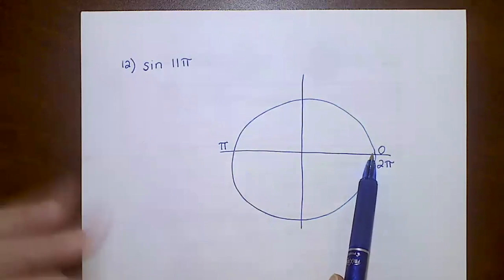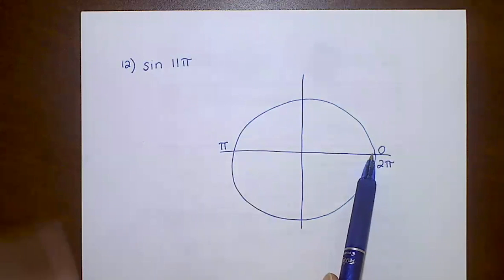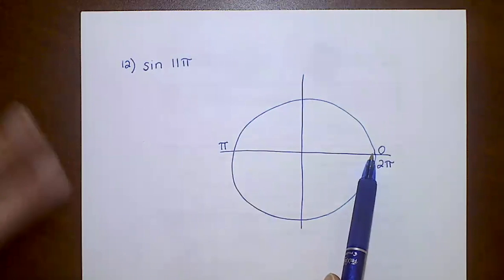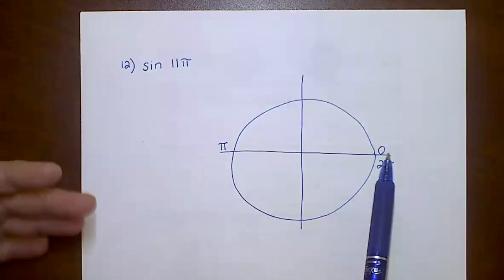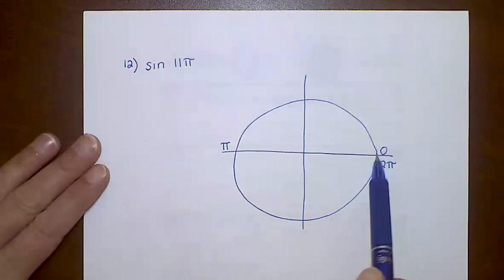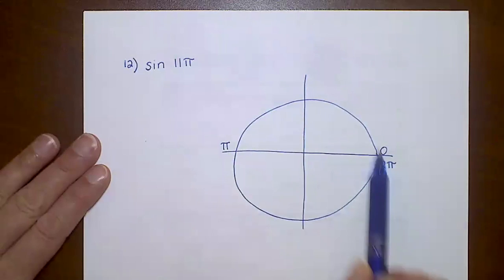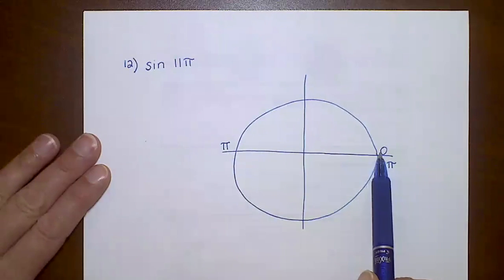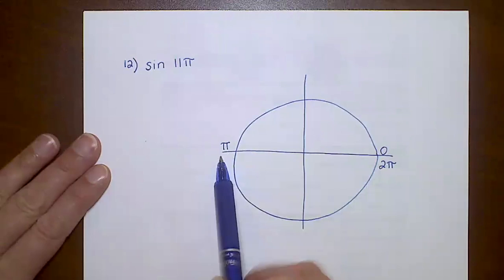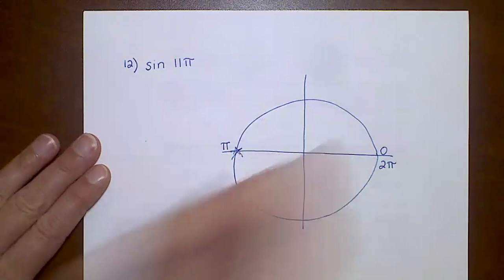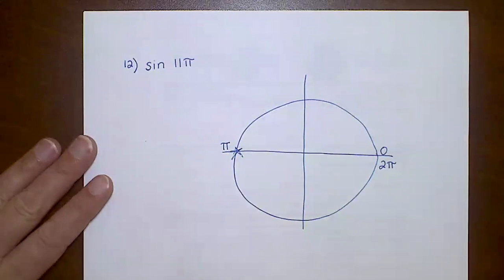Now you may be able to figure out just by looking at evens and odds where 11 pi is going to end up. But if you had to, you could literally count your way all the way around. So here's 4 pi, 5 pi, 6 pi, 7 pi, 8 pi, 9 pi, 10 pi, 11 pi. So 11 pi is really equivalent to just 1 pi, okay?